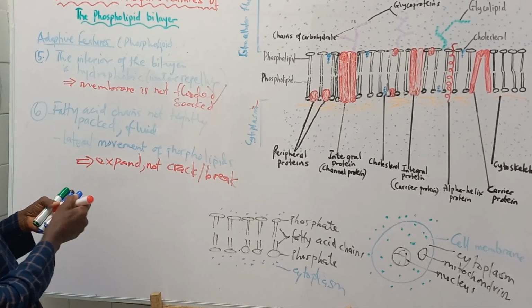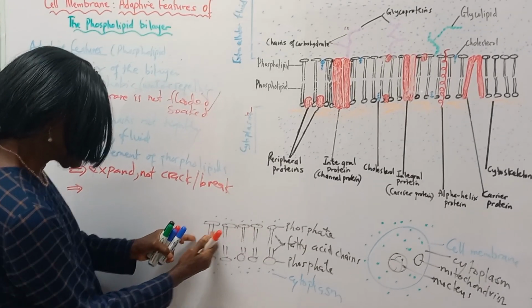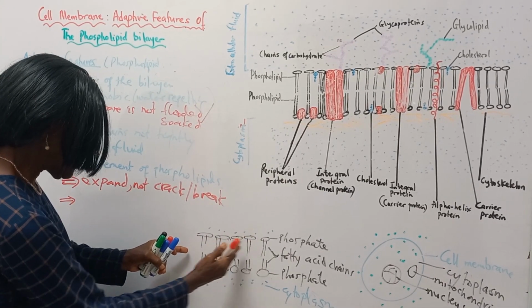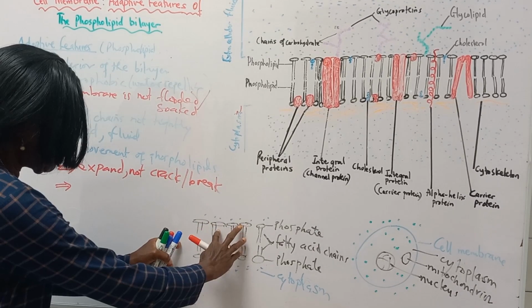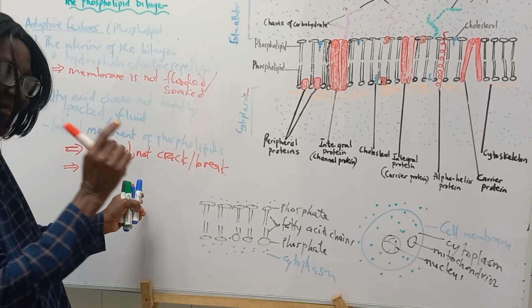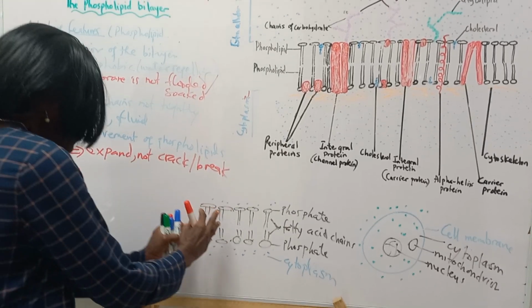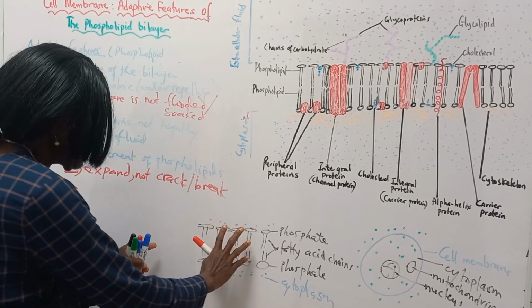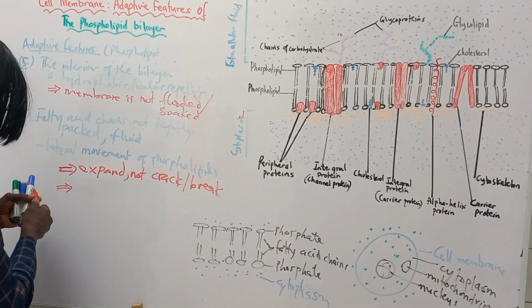Because it's fluid and flexible, the sideways movements of the phospholipids affect the permeability of the layer. If it shifts sideways a little here, the hole there can increase slightly. So the lateral movements also affect the permeability.